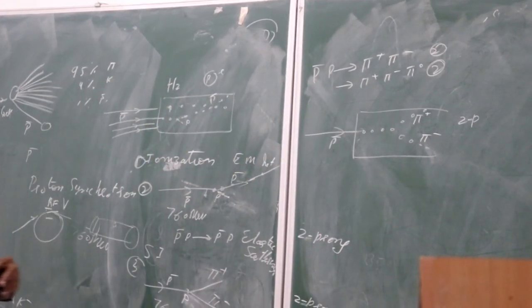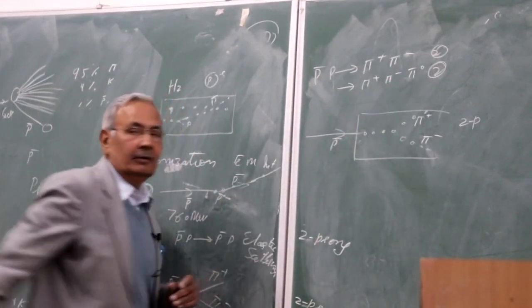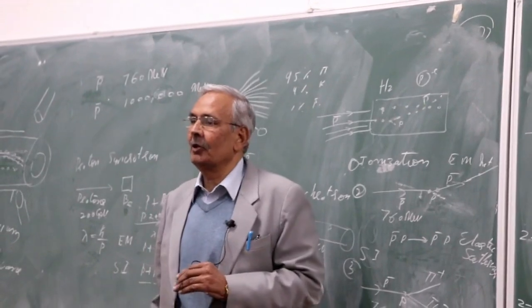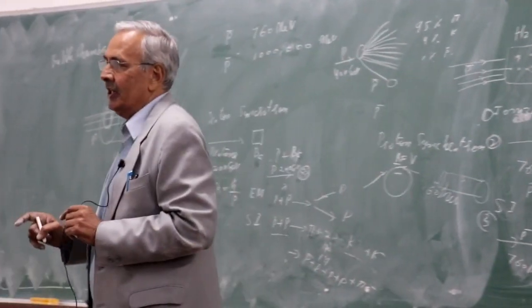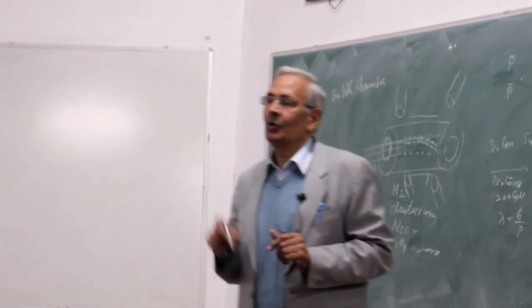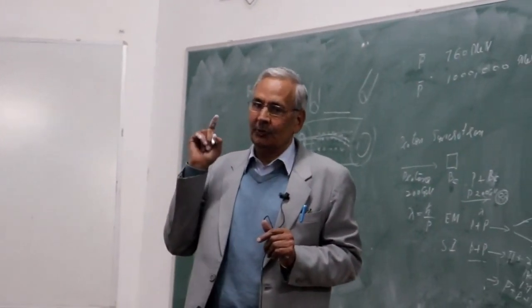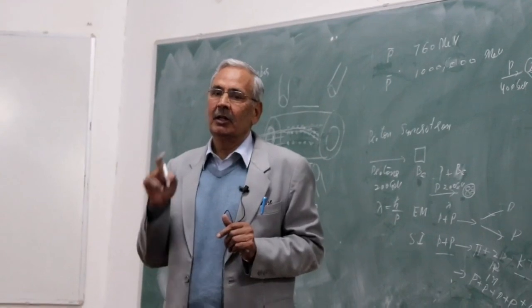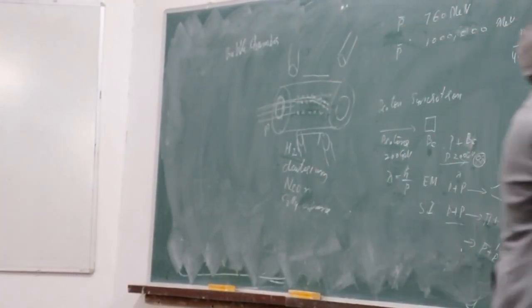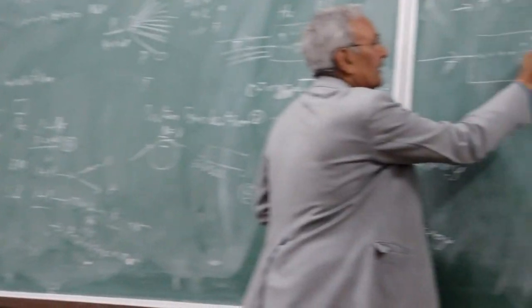Okay? If you have a neutral one, neutral doesn't give any track because pi 0 doesn't have charge. If it doesn't have charge, it won't ionize. Ionization process is because of charge only, electromagnetic interaction. Pi 0 doesn't have charge. It keeps on moving, and let us suppose it goes in this direction.